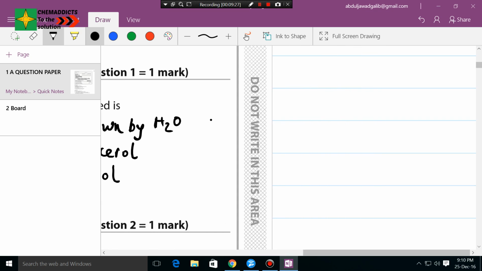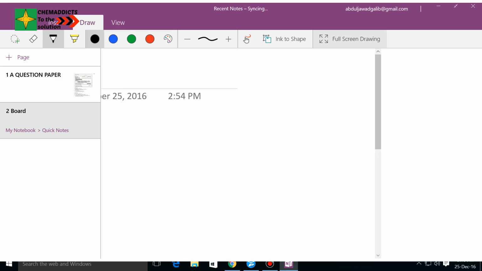Here the main reaction that we are doing is with vegetable oil. We are hydrolyzing the vegetable oil.